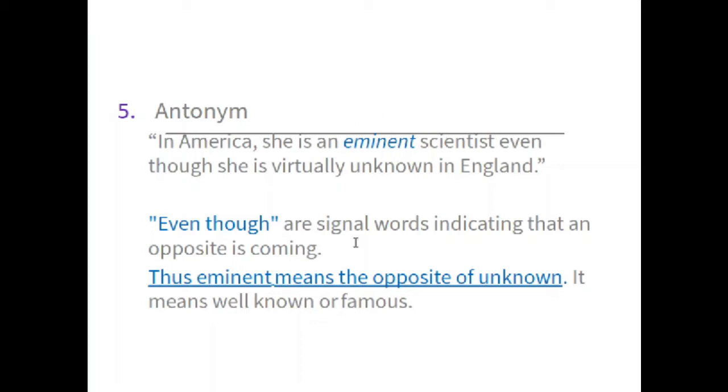Thus, the word eminent means the opposite of unknown. So it means well-known or famous. So the meaning of this sentence is she is unknown in England. Nobody knows her, but she is well-known or famous in America.